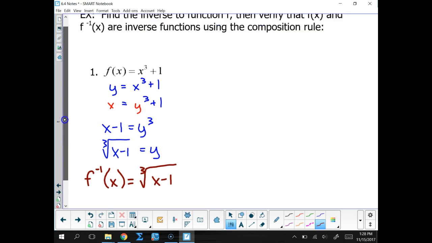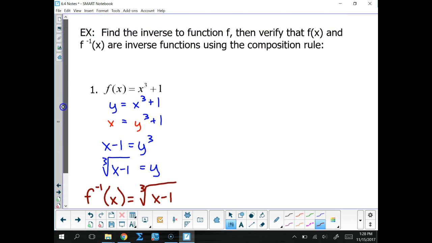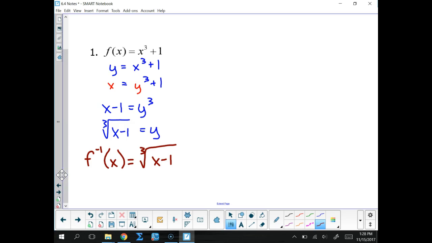Okay. Then it said, verify using the composition rule. So, first thing we have to show is f of the inverse has to equal x. So that is f of the cube root of x minus 1.